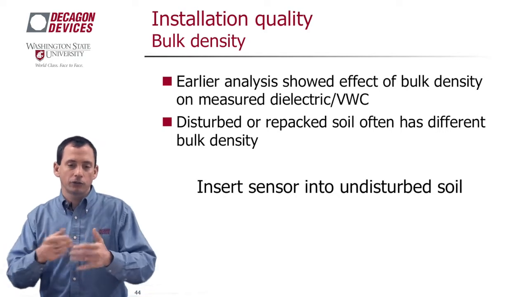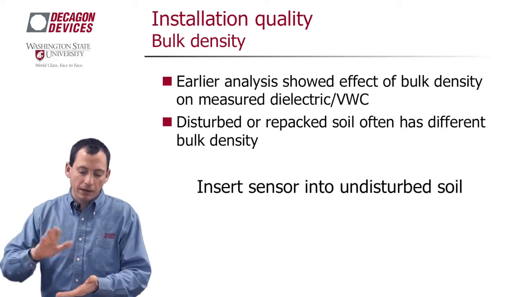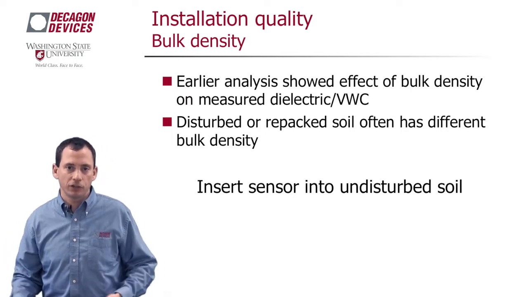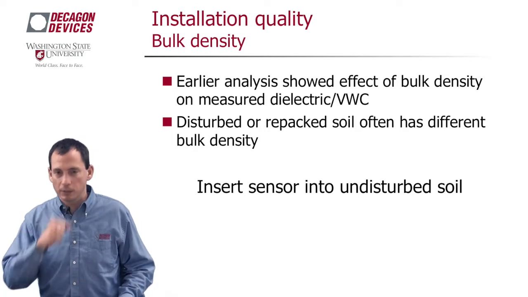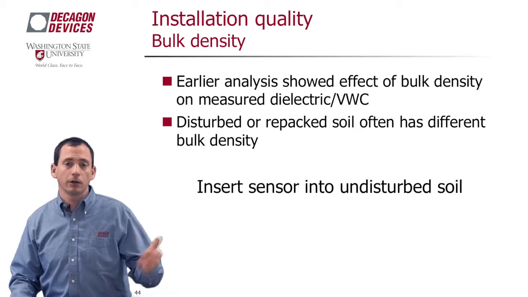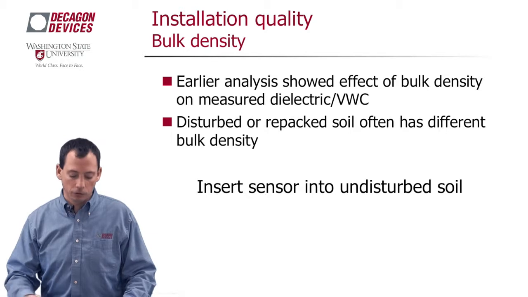If you pull out a bunch of soil and disturb it and put your sensor in the bottom of a hole and try and pack that soil back down over the sensor, then you may not have achieved anywhere close to the same bulk density of the surrounding soil. And as we saw in our earlier analysis, that can give you some pretty substantial errors in your water content measurement.